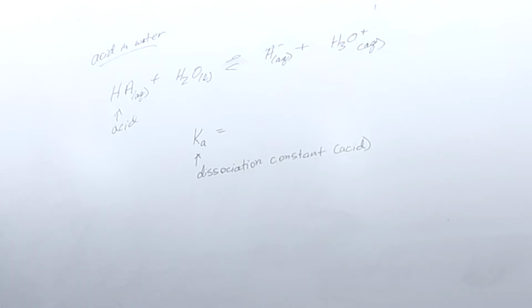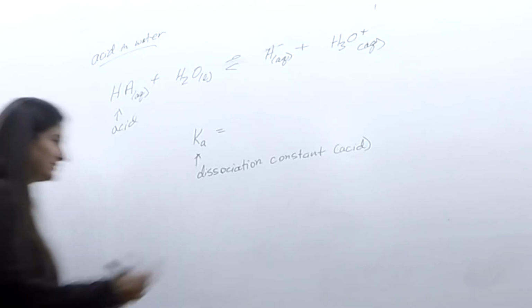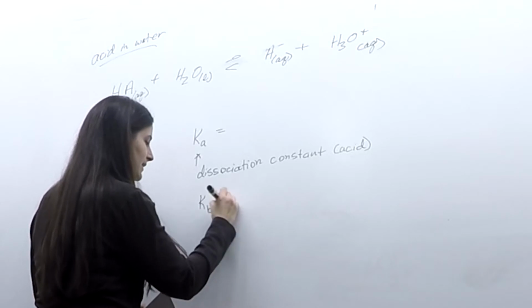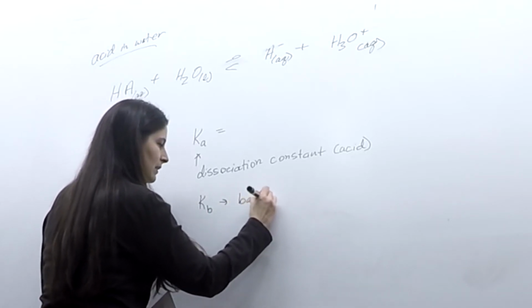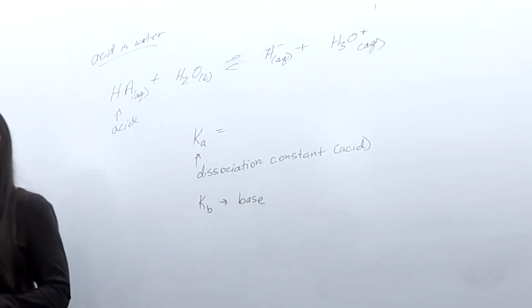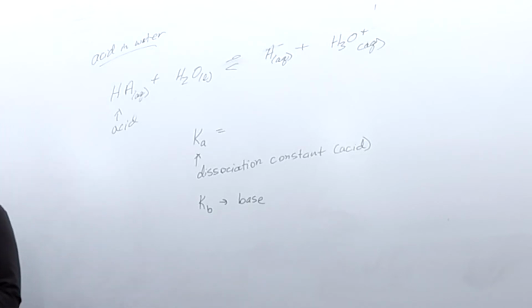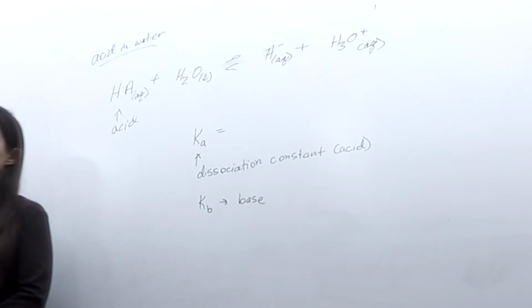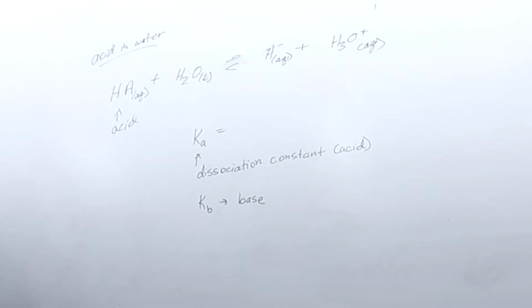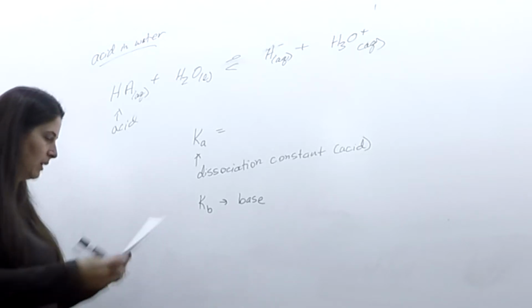What do you think the dissociation constant for a base would look like? Yeah, good job. So Ka for an acid, Kb for the dissociation of a base. So again, these are very linear with each other. So we talk about one, but it also gives you ideas about the other one as well.